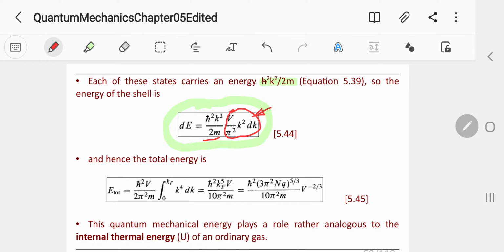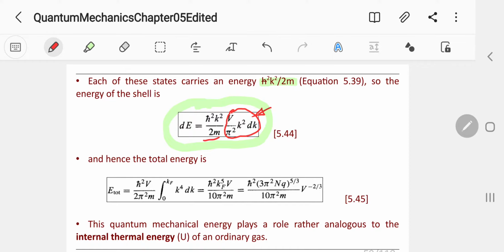And since they are located in the outermost surface with k equal to kf, then the energy in that particular region would be h bar square k over 2m.